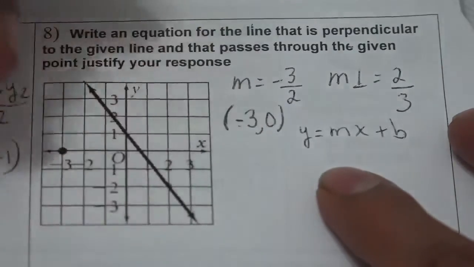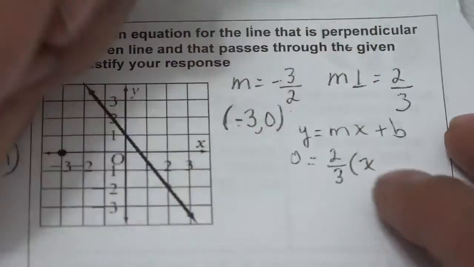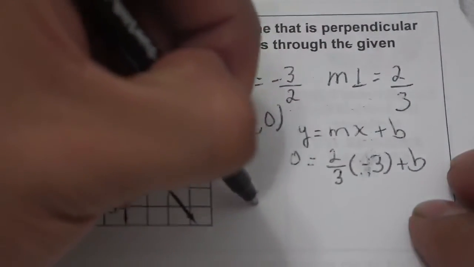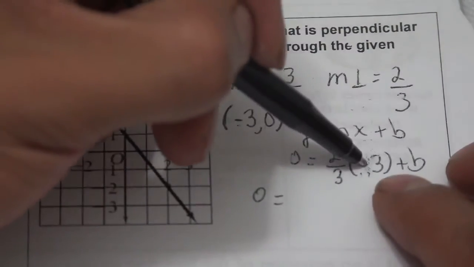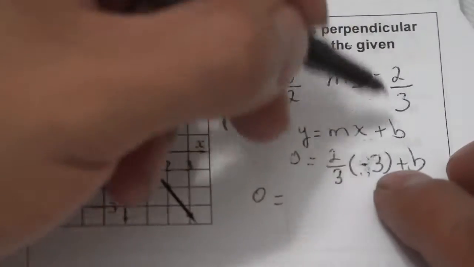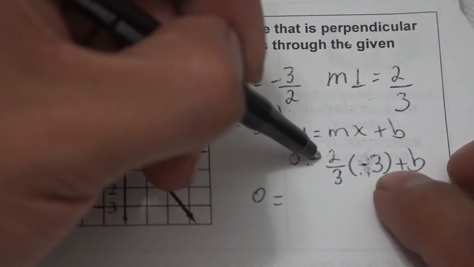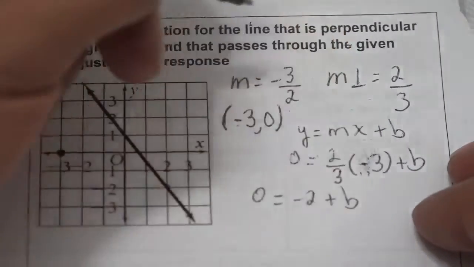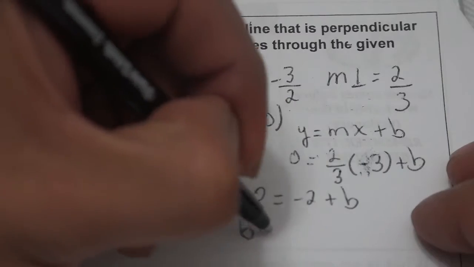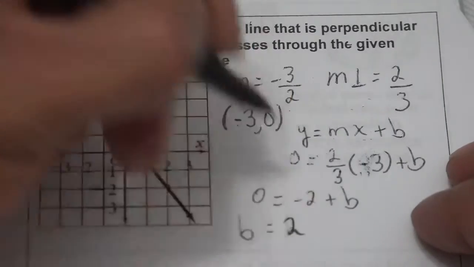So this is x and this is y, so y is 0 equals the slope, which is 2 over 3, times the x, which is negative 3, plus b. Negative 3 times 2 is negative 6. Negative 6 over 3 is negative 2, and then plus b. Now if we add 2 to both sides, we end up with b being 2.